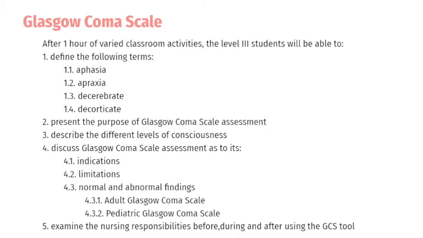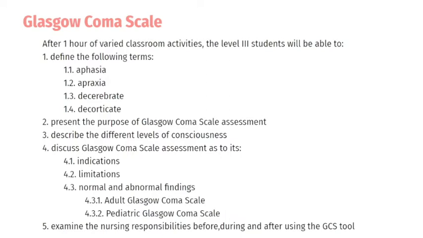For the objective of the Glasgow Coma Scale, after 1 hour of varied classroom activities, the level 3 students will be able to: CLO number 1, define the following terms: 1.1 aphasia; 1.2 apraxia; 1.3 decerebrate; 1.4 decorticate. For CLO number 2, present the purpose of Glasgow Coma Scale assessment. For CLO number 3, describe the different levels of consciousness.